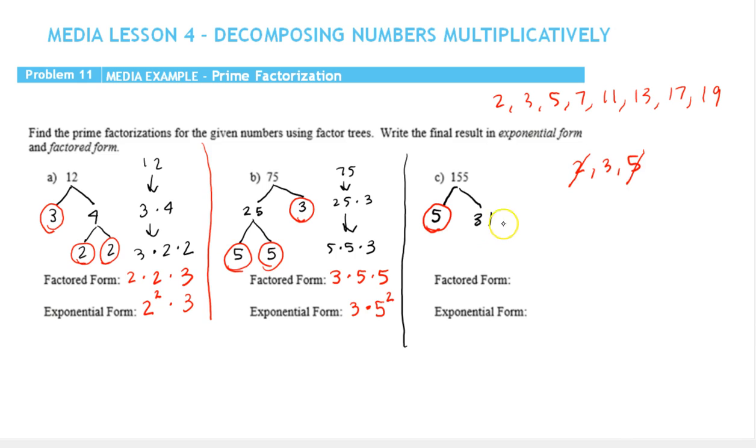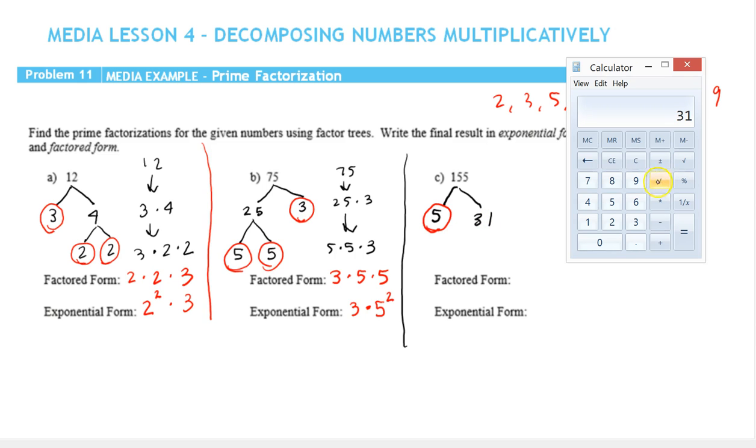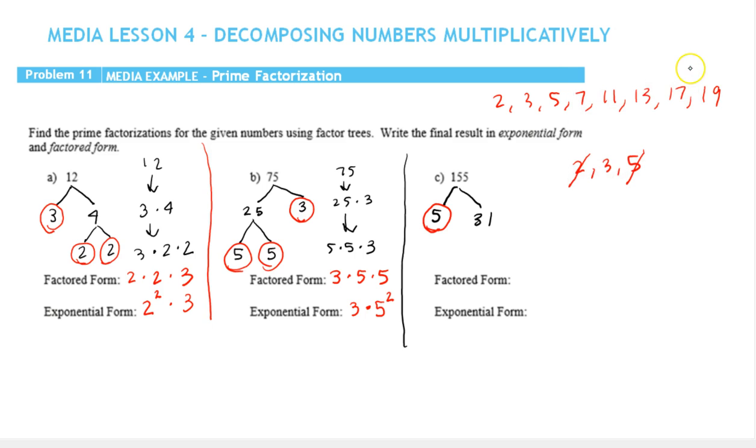And if you divided 31 by 3, well, 3 times 10 is 30, so there's going to be a remainder of 1. But if you need to double check, you can always do that on the calculator. And notice we have a remainder, so it's not divisible by 3.